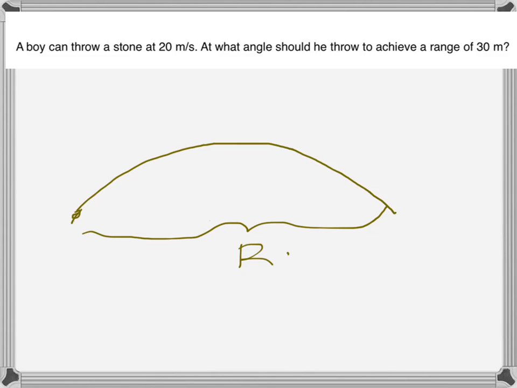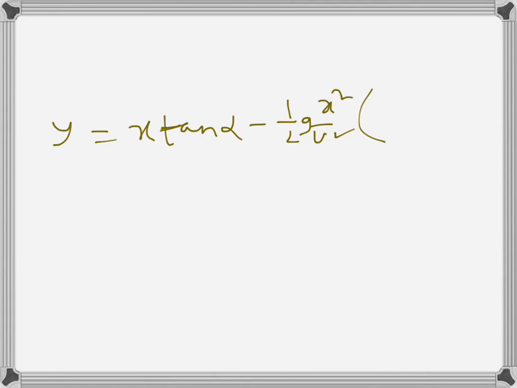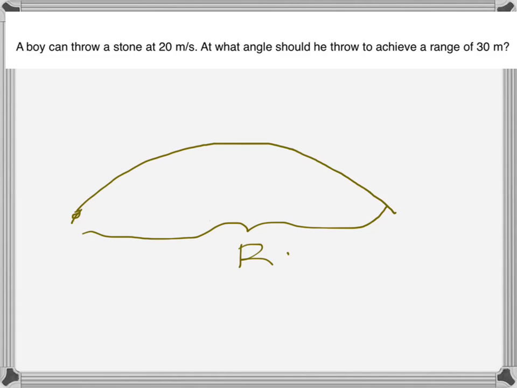So range is x. If we look at our equation, if we rewrite the equation, which is y equals x tan alpha minus half g x square over u square times 1 plus tan square alpha. Now in this case y will be 0 because there is no height.